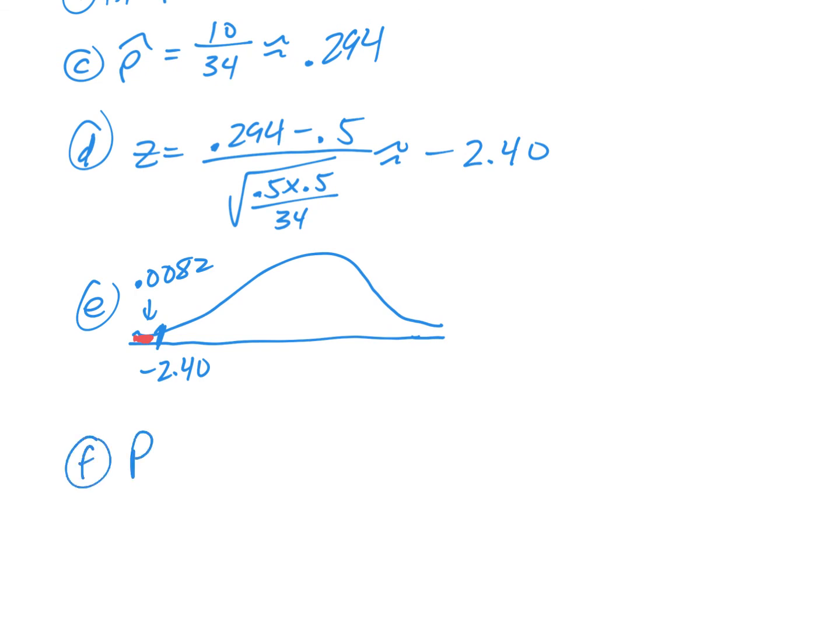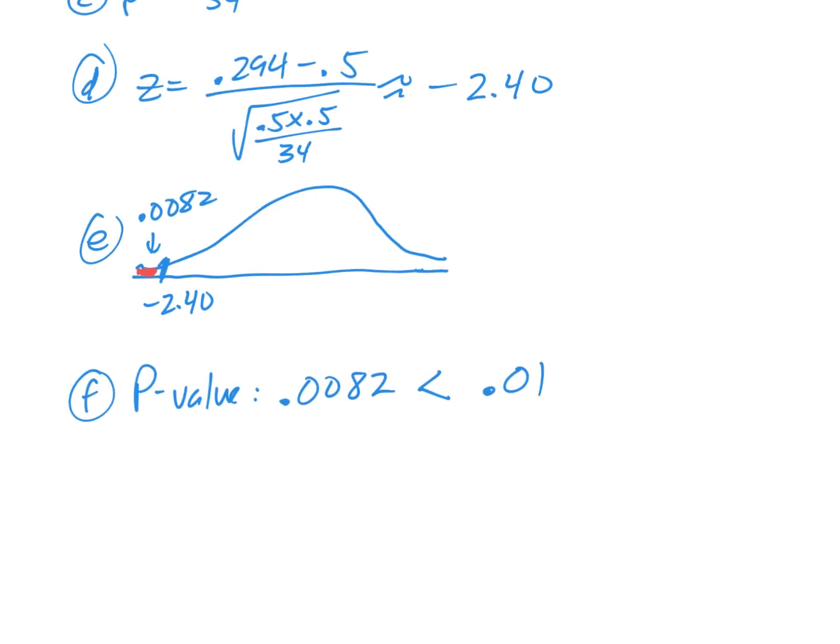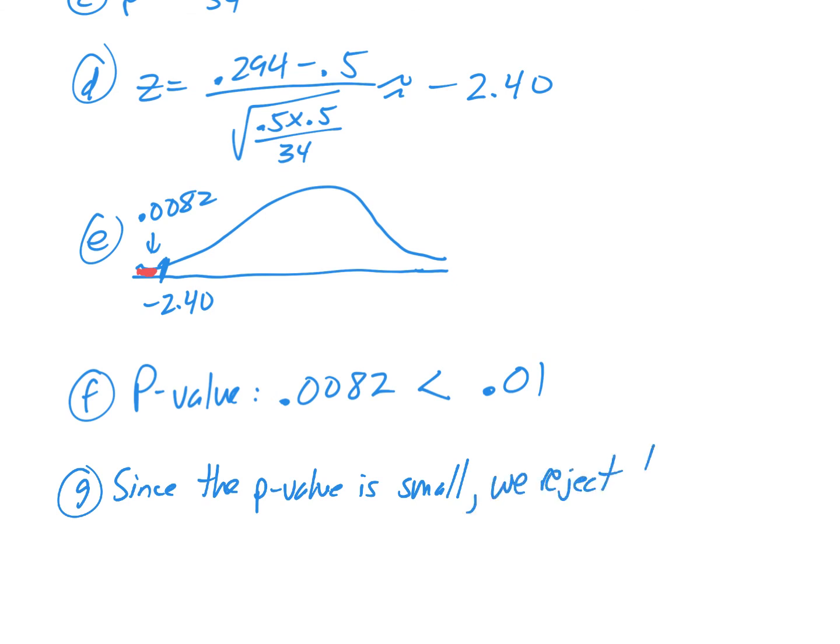Question F. Our p-value is 0.0082. And we're comparing that to 0.1, so this is less than. This is a less than problem. So we're going to see what that means. Question G. Since the p-value is small, right, because it's less than, comma, we reject H naught. Okay, so when it's small, you reject it.